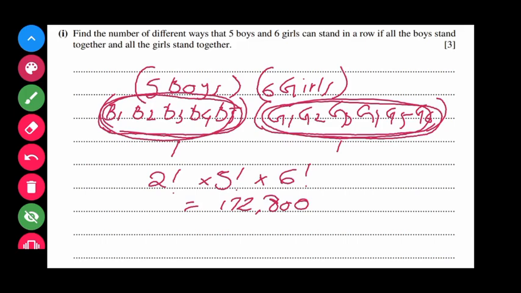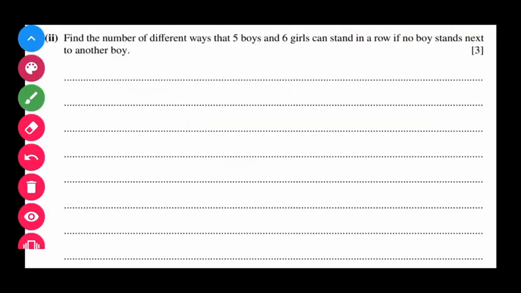Okay, another question. Find the number of different ways that 5 boys and 6 girls can stand in a row if no boys stand next to another boy. So there are totally 5 boys and 6 girls.